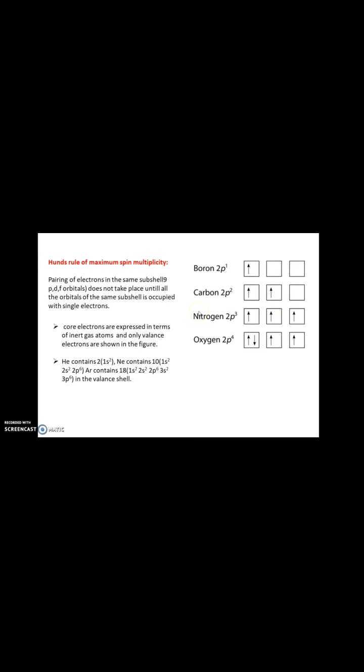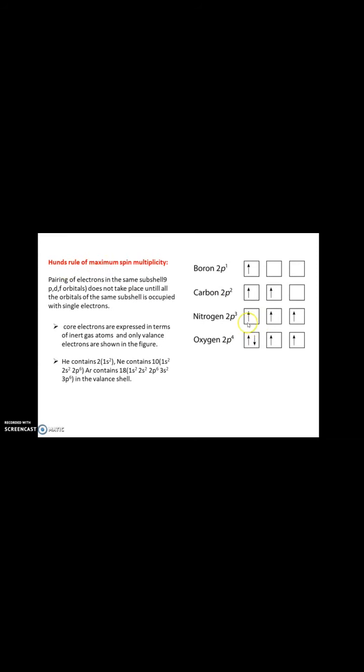So the principle says that pairing of electrons, 2 electrons in the same orbital, does not take place in the same subcell until all the orbitals of the same subcell are occupied with single electrons. Then pairing will occur, otherwise not. So this is Hund's rule.